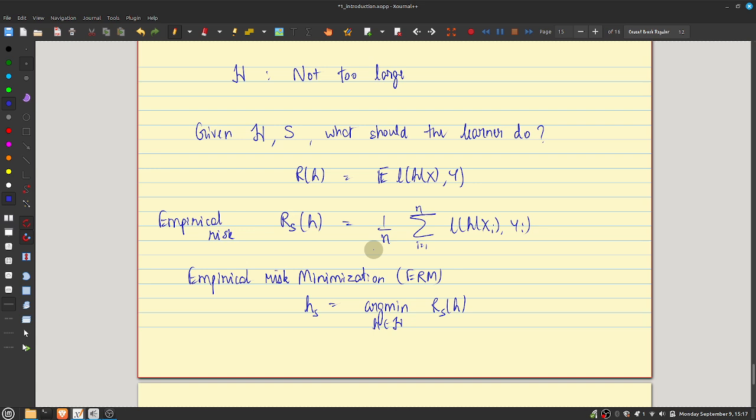If time permits, we'll look at structural risk minimization as well. But for most of this course, we will assume that we're operating under the empirical risk minimization principle.